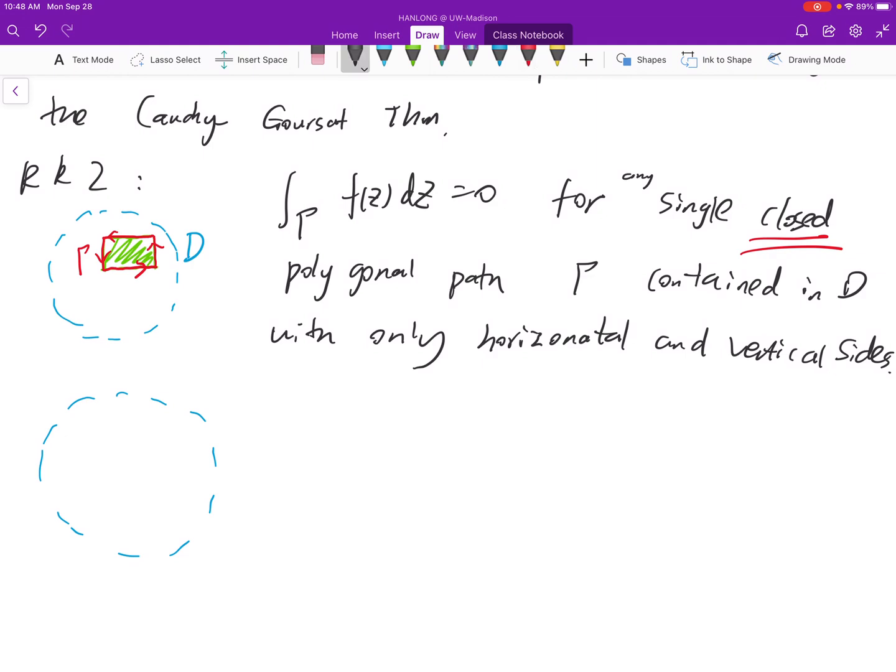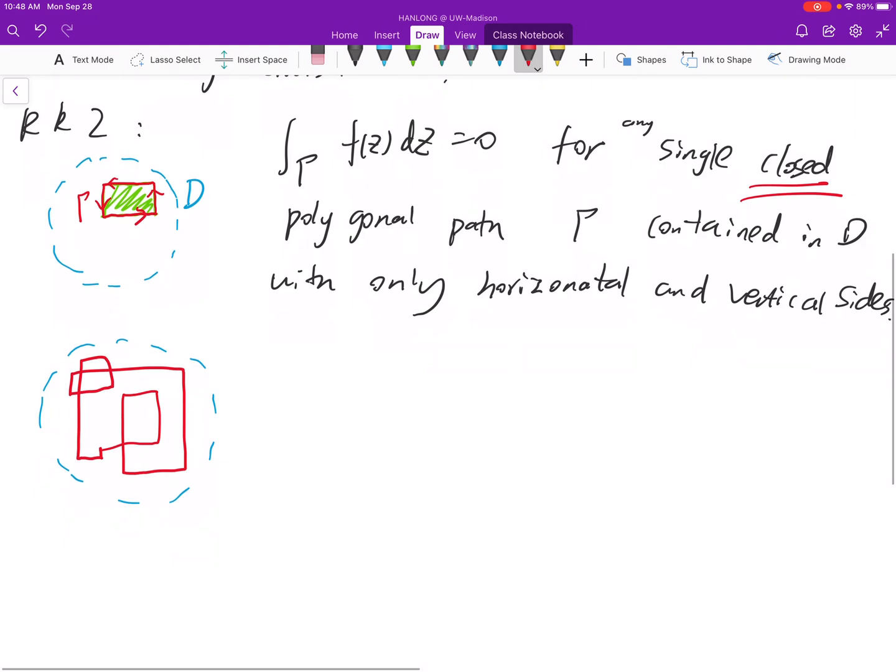For any simple closed path, you might draw a picture like the following. The red part goes this way. As soon as each side is either horizontal or vertical, then the integration is 0.